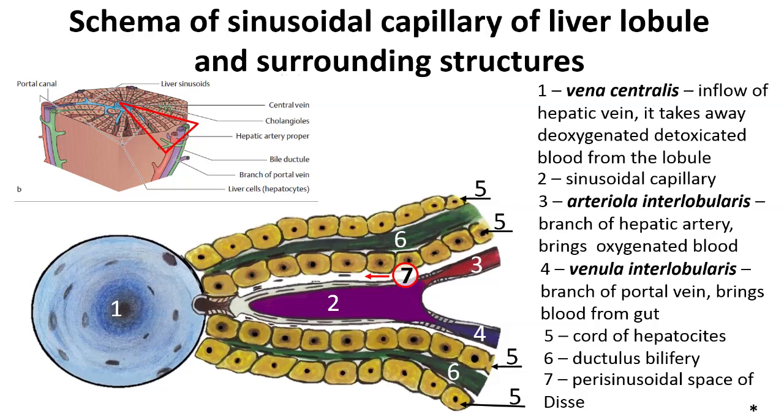And now let's try to summarize the features of blood supply to the liver. Very important question. We can find it in our examinal cards and examinal tickets.